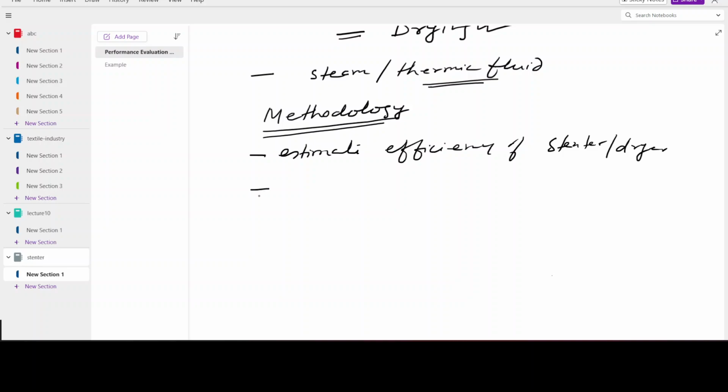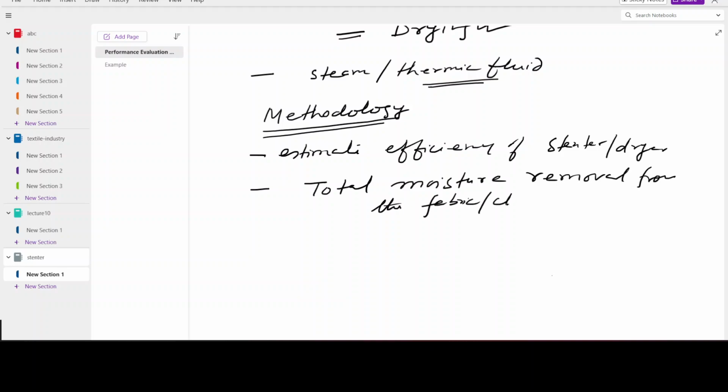How this will be done? For this we will have to know total moisture removal from the fabric or cloth or material or substance.